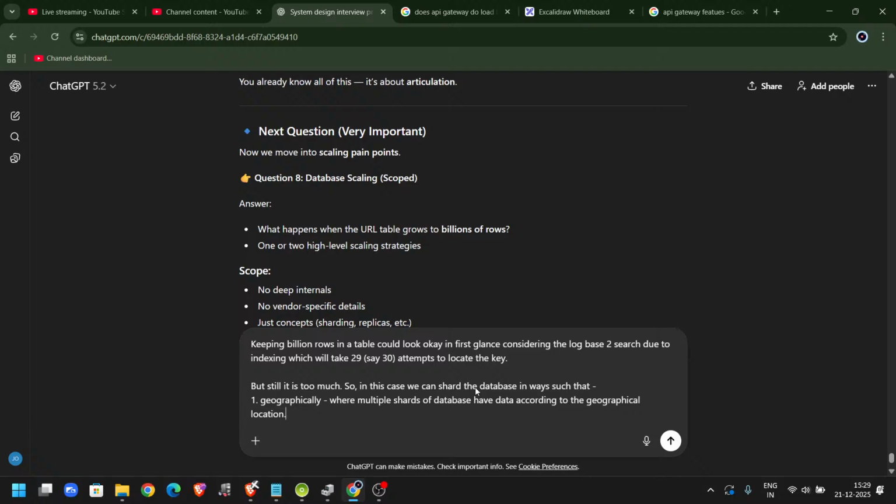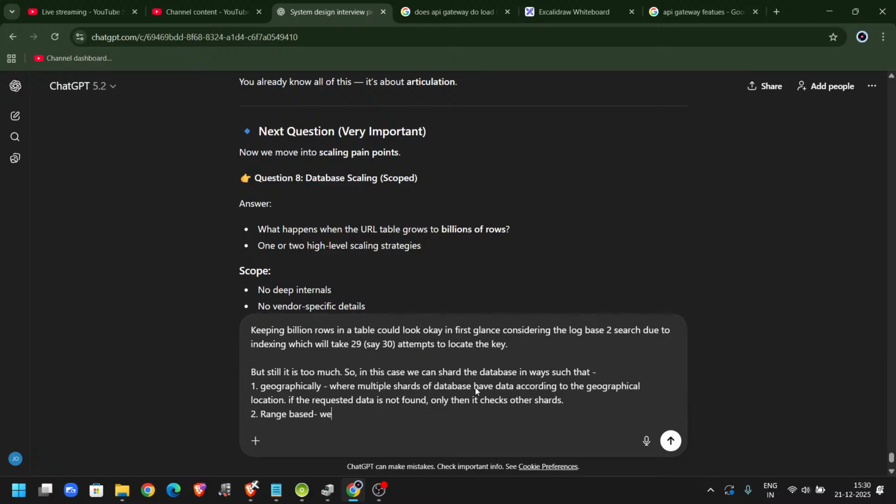If the requested data is not found, only then it checks other shards.